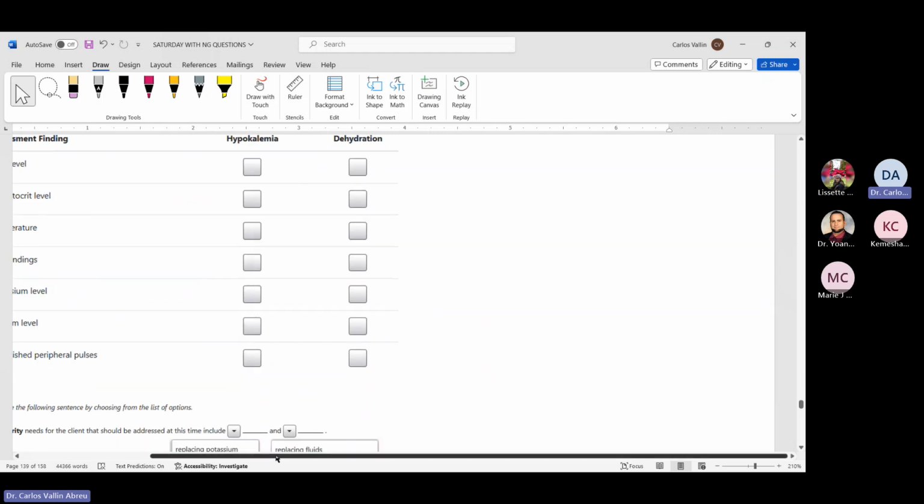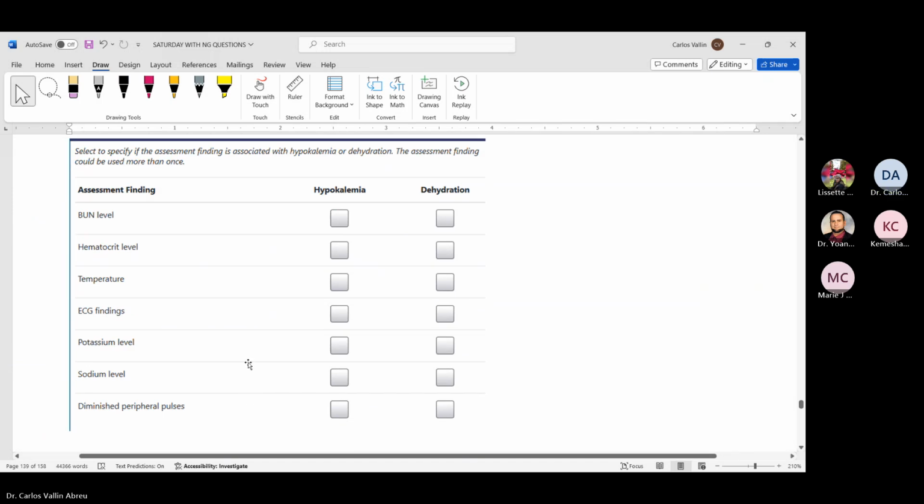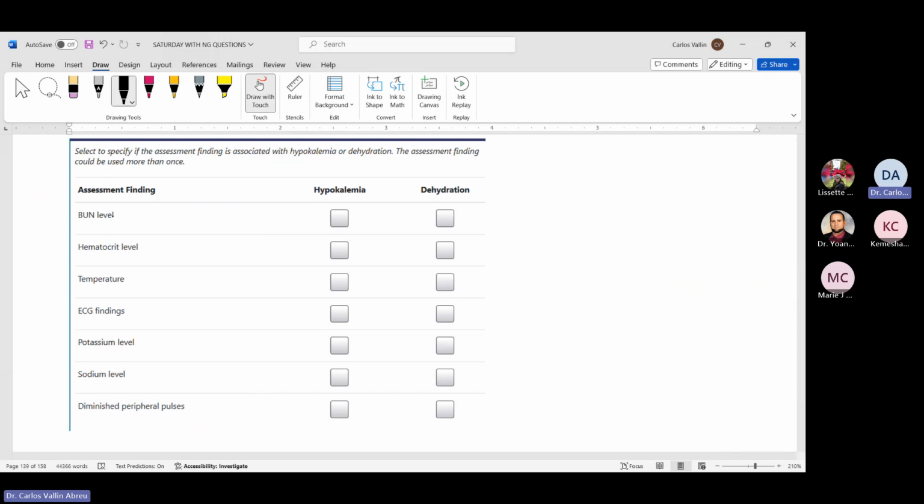So now let's see this question. Select to specify if the assessment finding is associated with hypokalemia or dehydration. The assessment finding could be used more than once, okay? BUN level is related with dehydration.